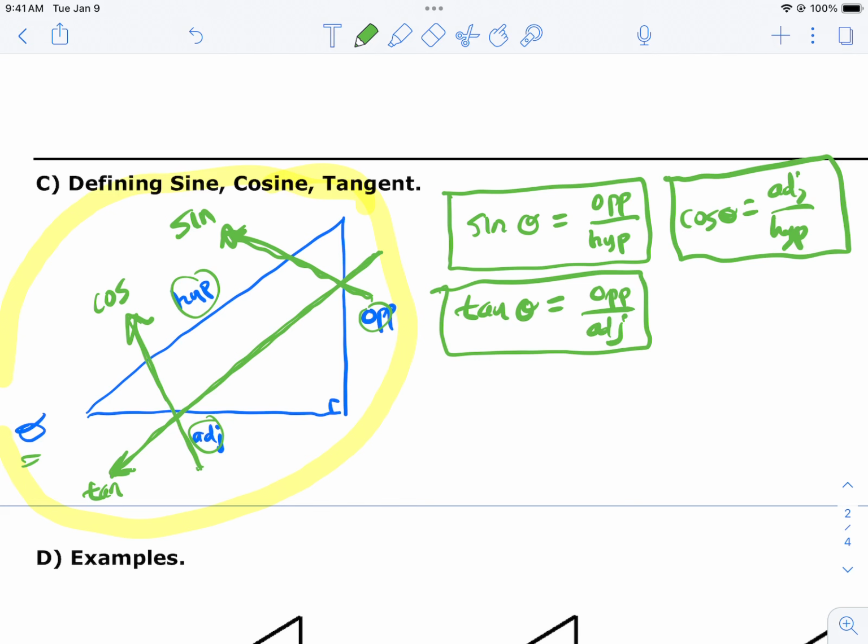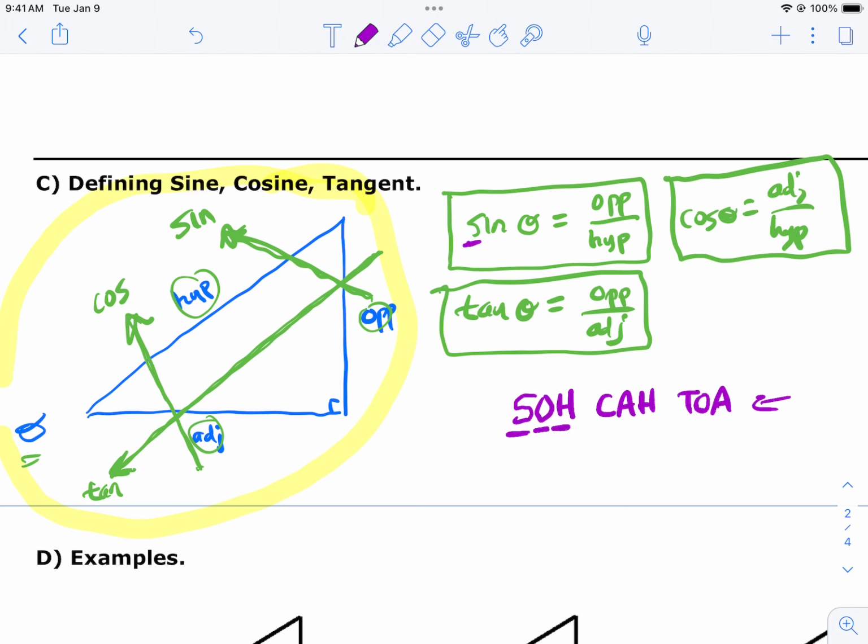There's an interesting little mnemonic or something, and it goes like this, and you may have heard this before. SOH CAH TOA! If you can spell the words SOH CAH TOA like that, then this is a shortcut for all of these formulas. Sine is opposite over hypotenuse.